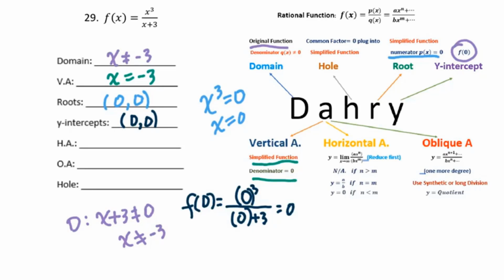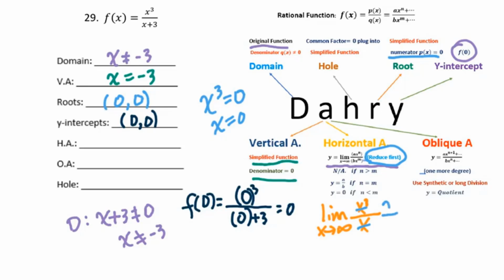For horizontal asymptote line, you need to work on the limits. Or you could say that n is greater than m, so no horizontal asymptote line. But we can work this out using the limit. Leading term for numerator is x to the third power. Leading term for denominator is x. Reduce first.